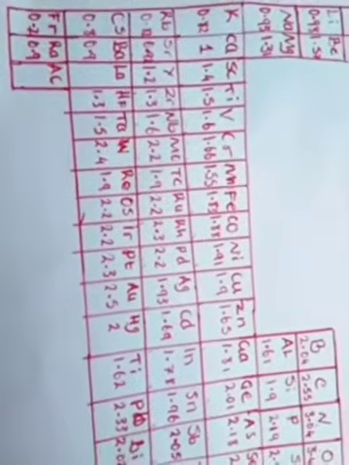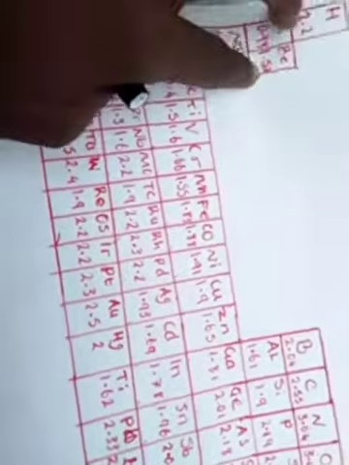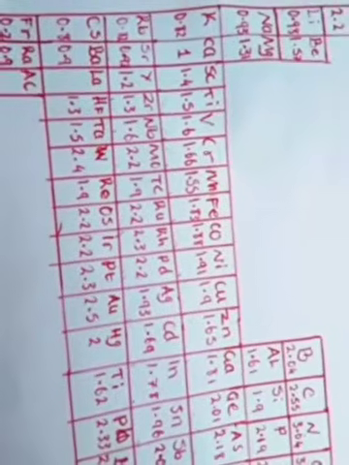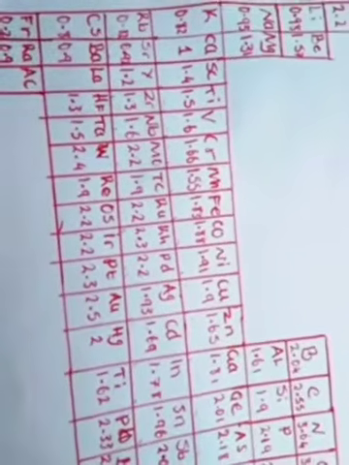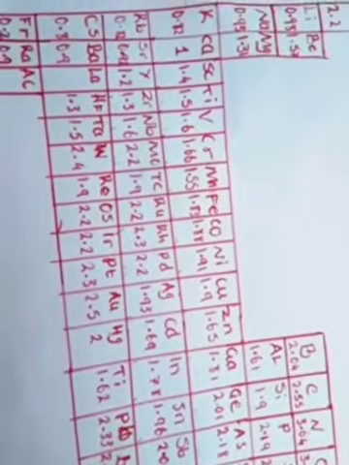They ask you to explain the trend, like why the electronegativity increases from left to right, and why it increases as we go upwards in the groups. Sometimes they want you to explain the why behind the what. Science is explaining the why behind the what.